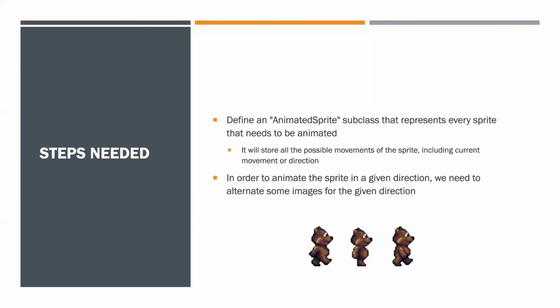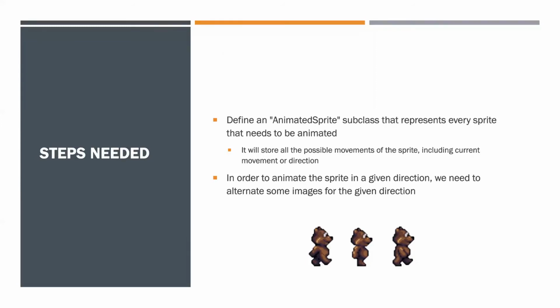and it's going to represent every sprite in the video game that needs to be animated. In order to animate a sprite, we need to store all the possible sprites, all the possible images representing a given movement. For instance, if we want to move the bear to the right, we can focus on 3 or 4 different images in our bear image and alternate these images as the user keeps pressing the right key.